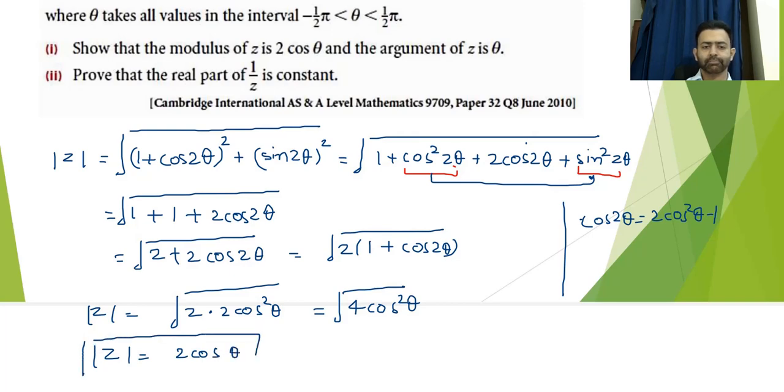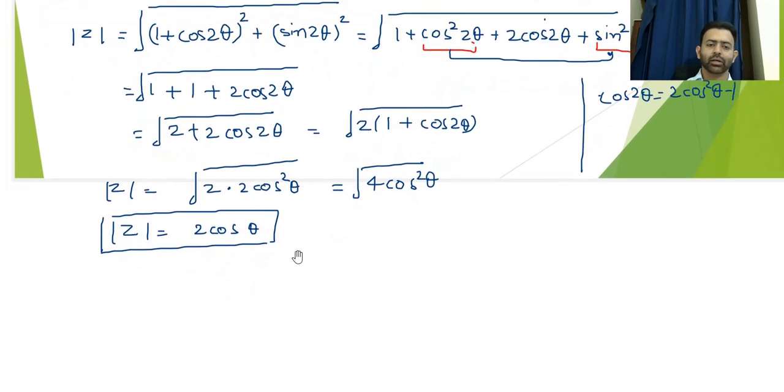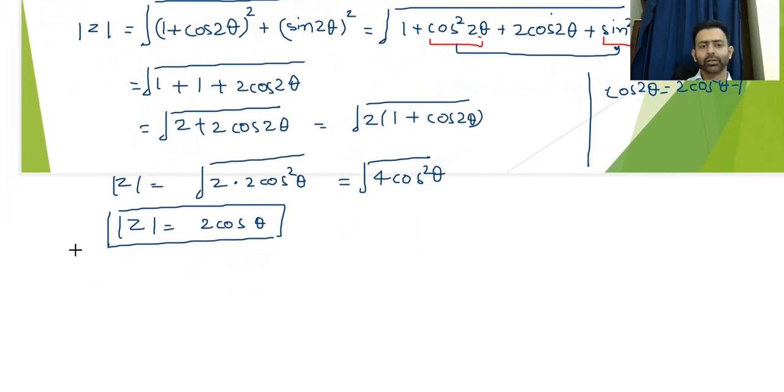And this was asked in the question, that we show the modulus of z is 2 cos theta, and then the argument of z we have to prove as theta, right? Argument means tan inverse of the imaginary part. As you already know, the argument of a complex number z is tan inverse of the imaginary part of z divided by the real part of z, right?